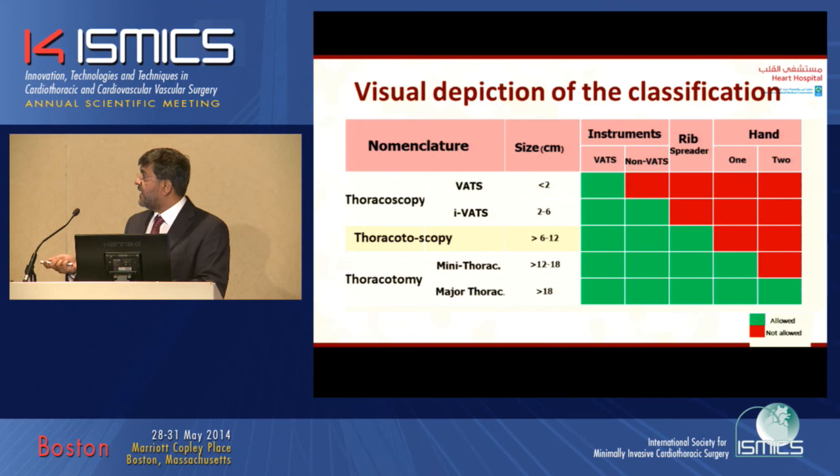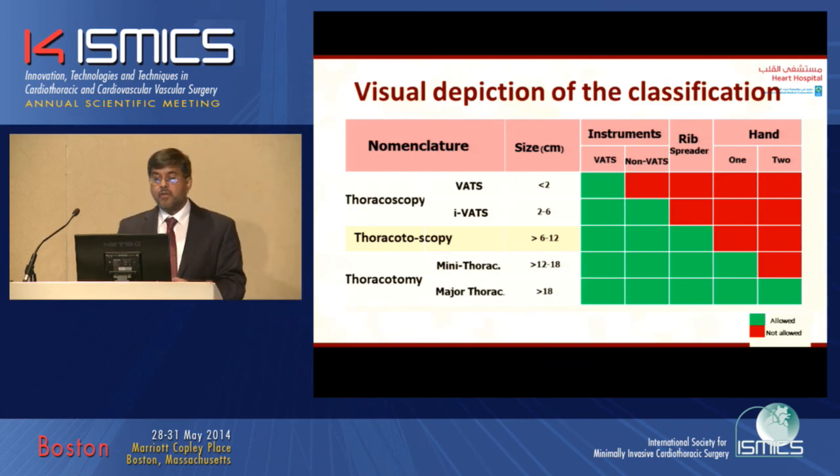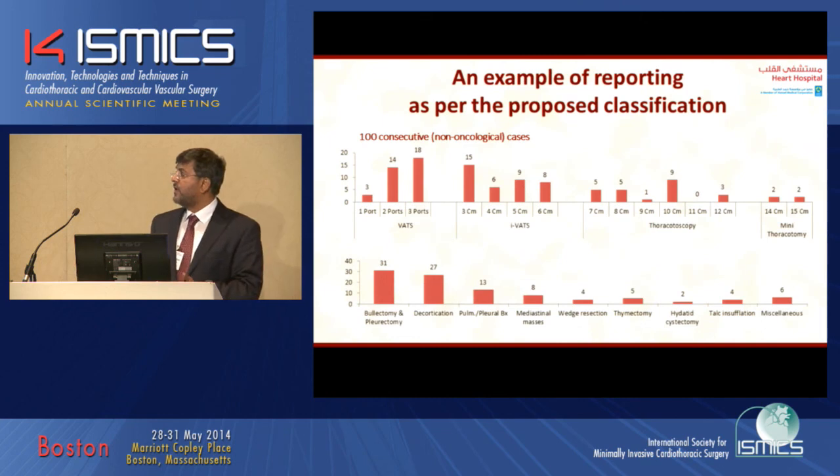In between is this gray zone where you can use both kinds of instruments and you can use a small spreader. I use a small modified pediatric spreader to 3 tons, and I didn't find any difference. And this is an example of our 100 non-oncological cases.